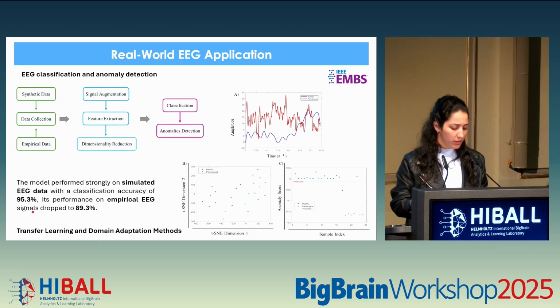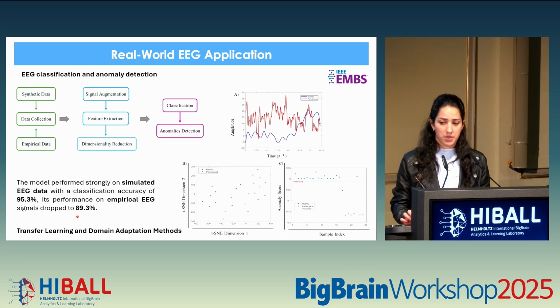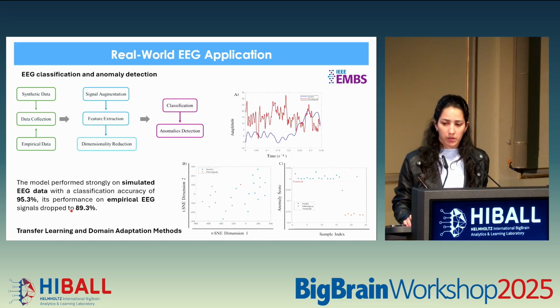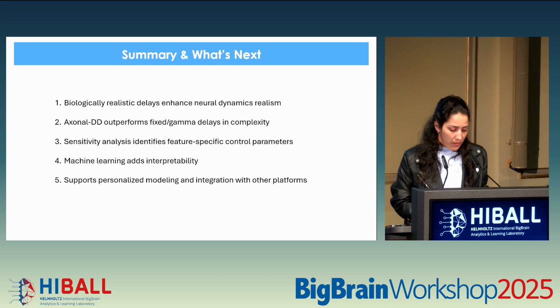With the simulated data, we got a 95% accuracy, and when tested on real data, we got around 89%, which is quite good. We are now trying to make it better, and for that we are going to use some transfer learning and domain adaptation methods.